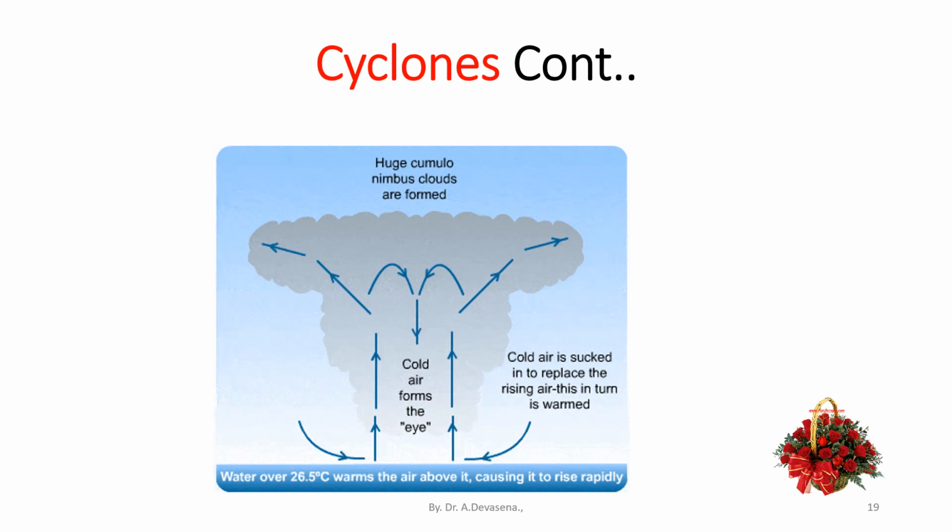Another representation: water over 26.5 degrees Celsius warms the air above it, causing it to rise rapidly. This cold air forms the eye of the cyclone. Cold air is sucked in to replace the rising air, and in turn is warmed.